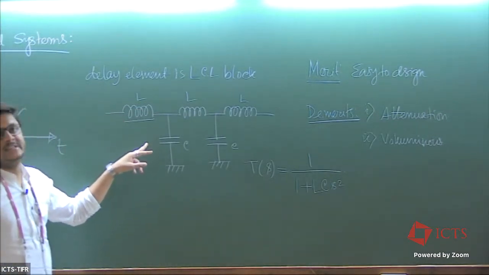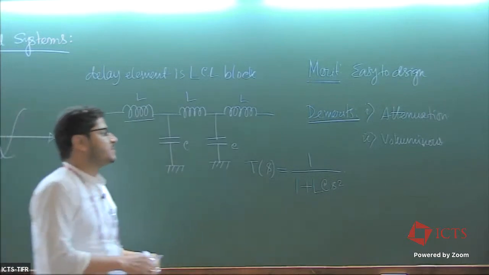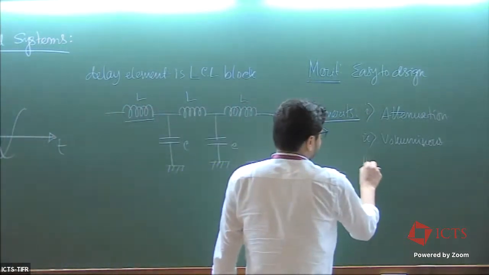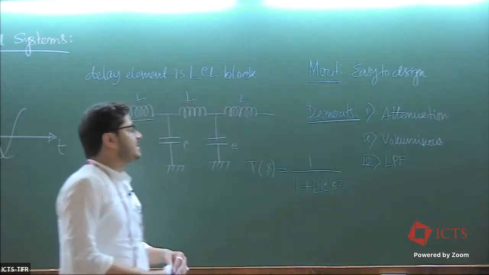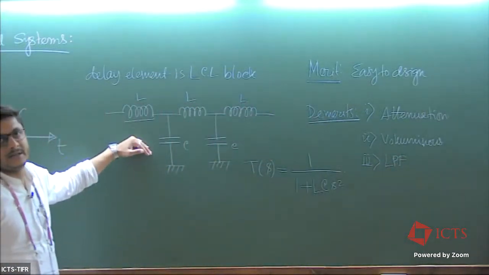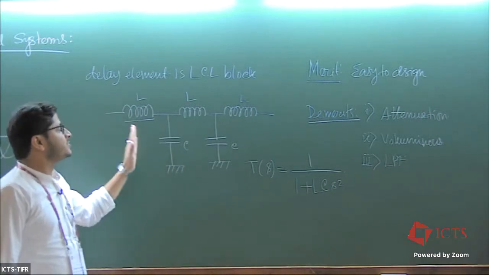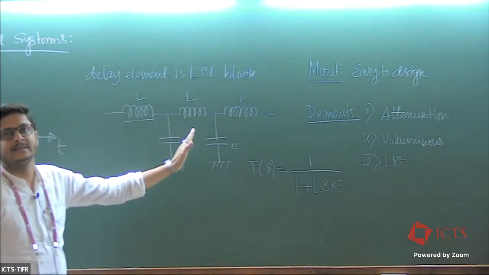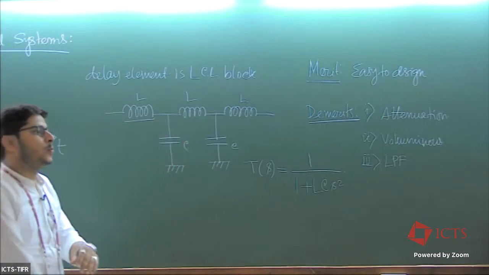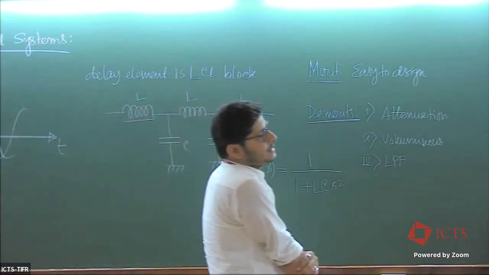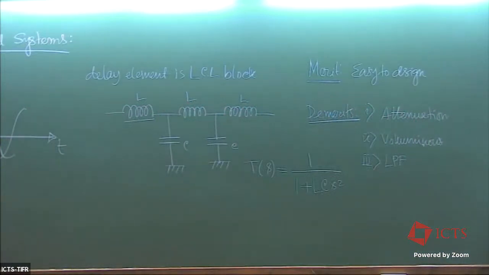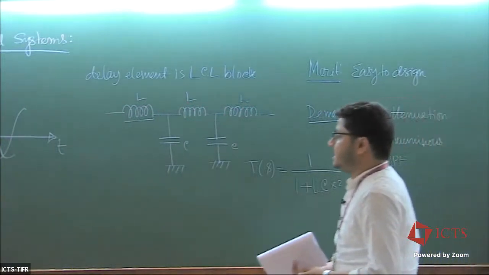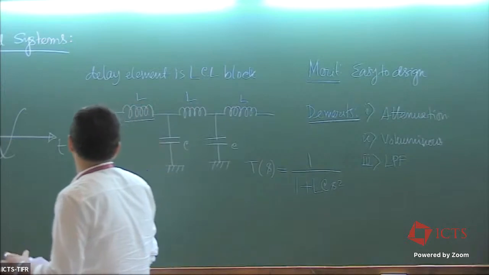This is actually a low pass filter. And owing to its low pass filter property, it restricts the higher frequencies. So if you want to get chaos, then the higher portion of the frequency will be cut, and you will not get chaos to that extent.